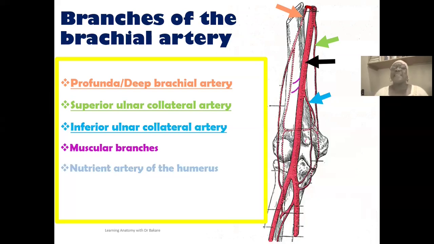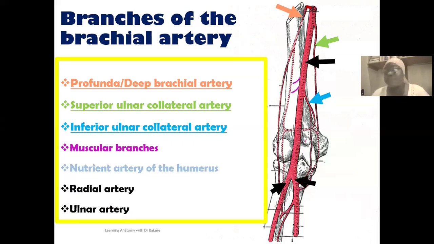Then finally, the brachial artery will descend inferiorly to terminate into two branches. We've already highlighted this previously. This is where we have the radial artery that is arrowed here in black on the lateral side, and on the medial side we have the ulnar artery that is also arrowed here in black. We already highlighted this in our previous slide.